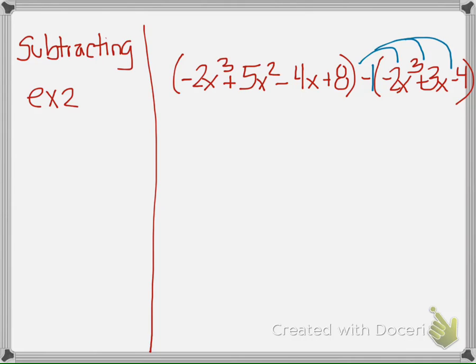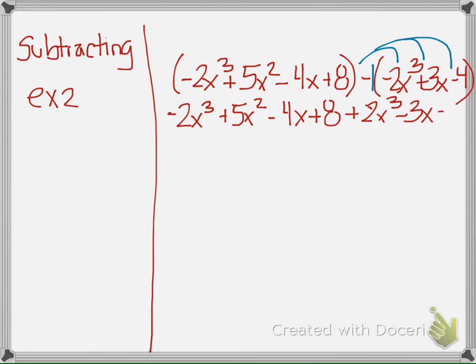Again, taste the rainbow. When I rewrite my problem, I have negative 2x to the third plus 5x squared minus 4x plus 8. That becomes positive 2x to the third, a negative 3x, and a positive 4. All of those change because they're being multiplied by a negative.